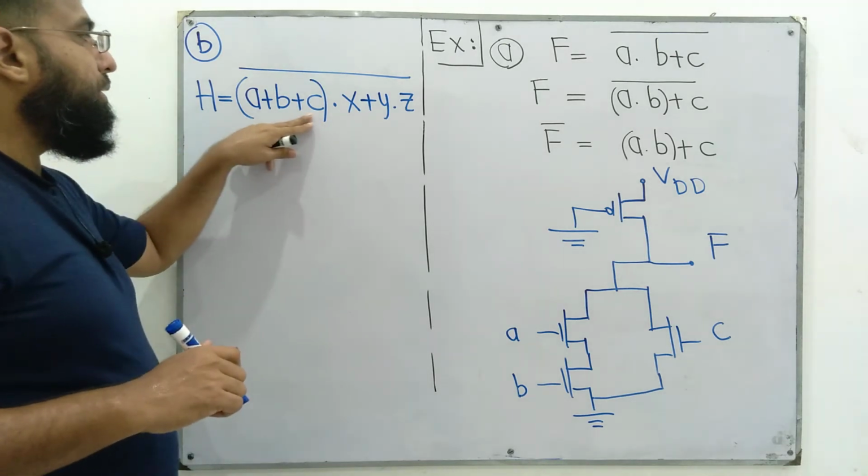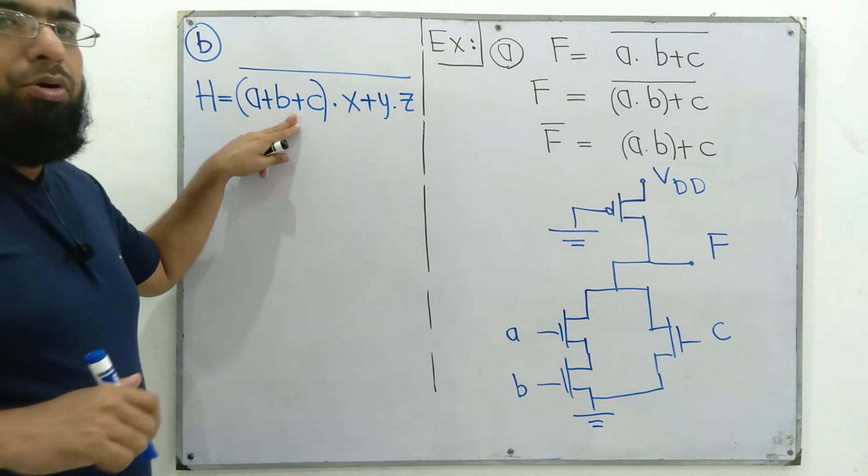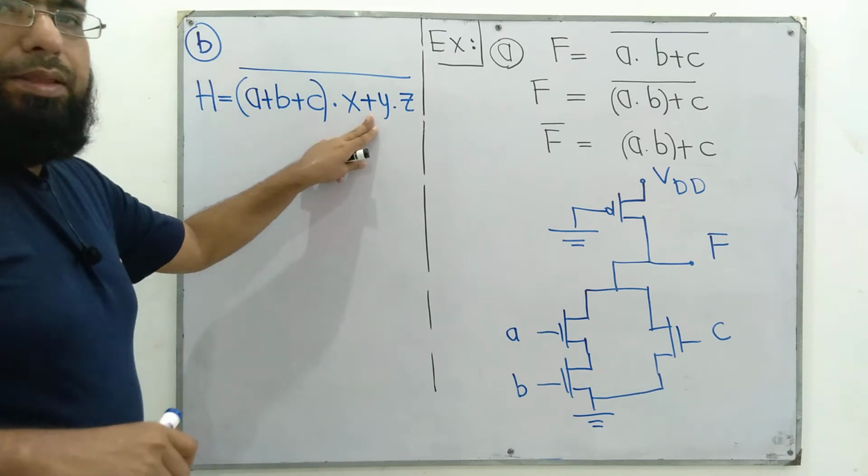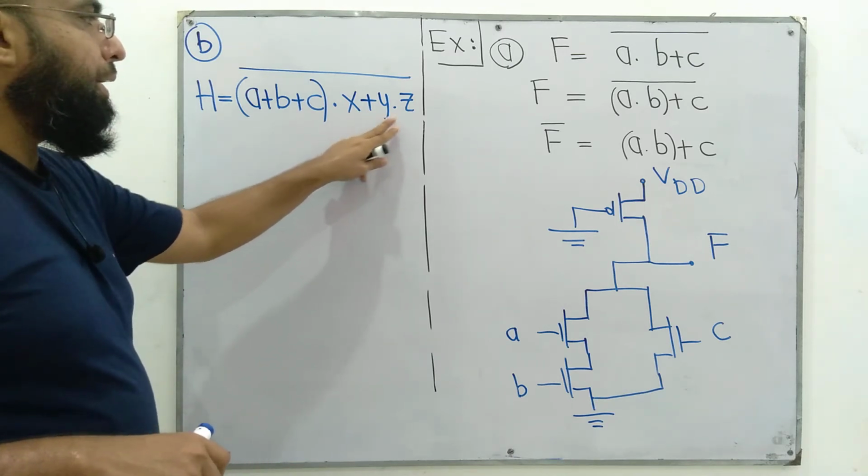So we have these OR operations having higher precedence than this AND, and then this OR and this OR and this AND.